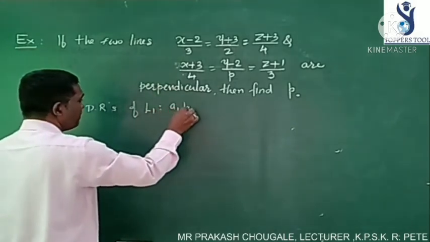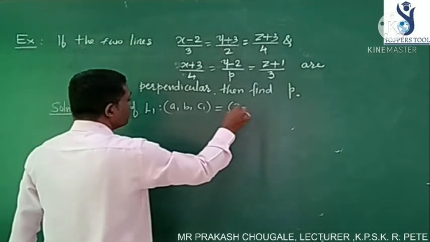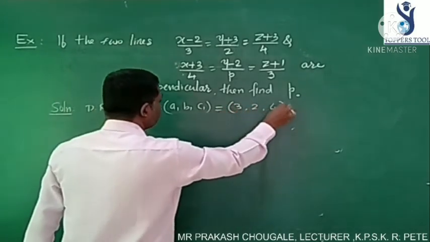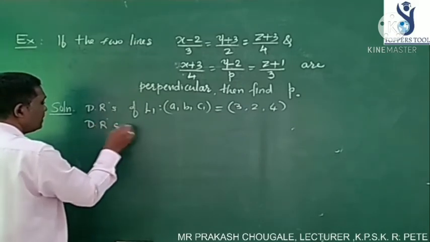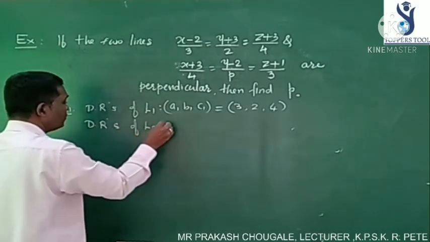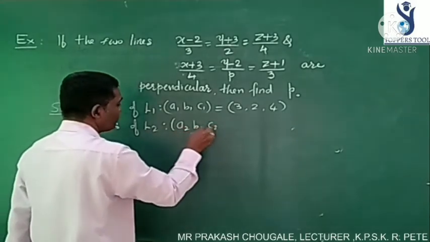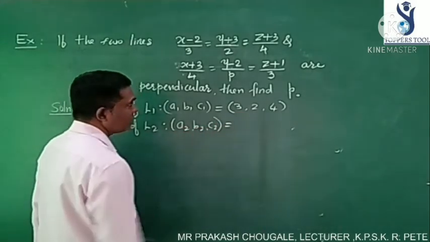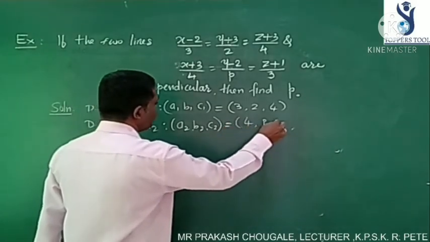So A1, B1, C1 are 3, 2, 4. Similarly, direction ratios of L2, A2, B2, C2, are 4, P, 3.